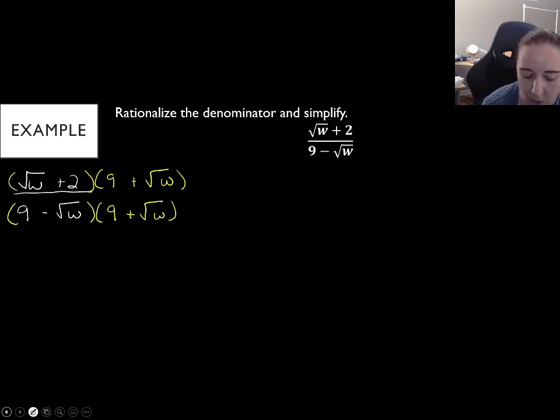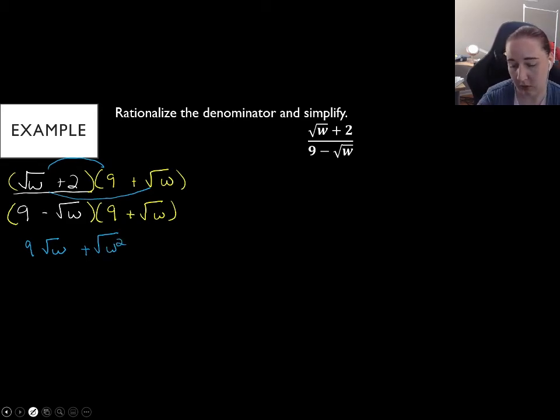So when I go through the FOIL process, on the top, I'm going to have to actually show some work here. Square root of w times 9, so it's going to be 9 times the square root of w. And then the outsides: square root of w times square root of w. So I'm going to write out what that is, square root of w squared.